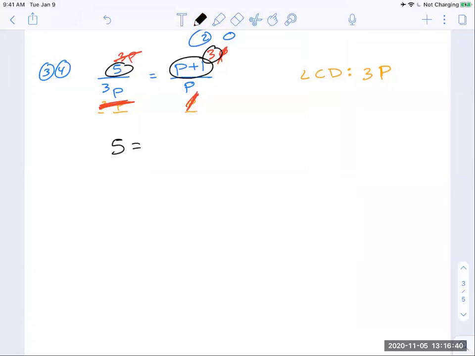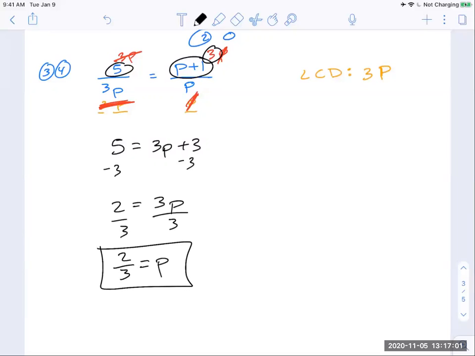That means 3p plus 3. You subtract the 3. Our whole goal is to get p by itself, so you divide by 3. P equals 2/3.